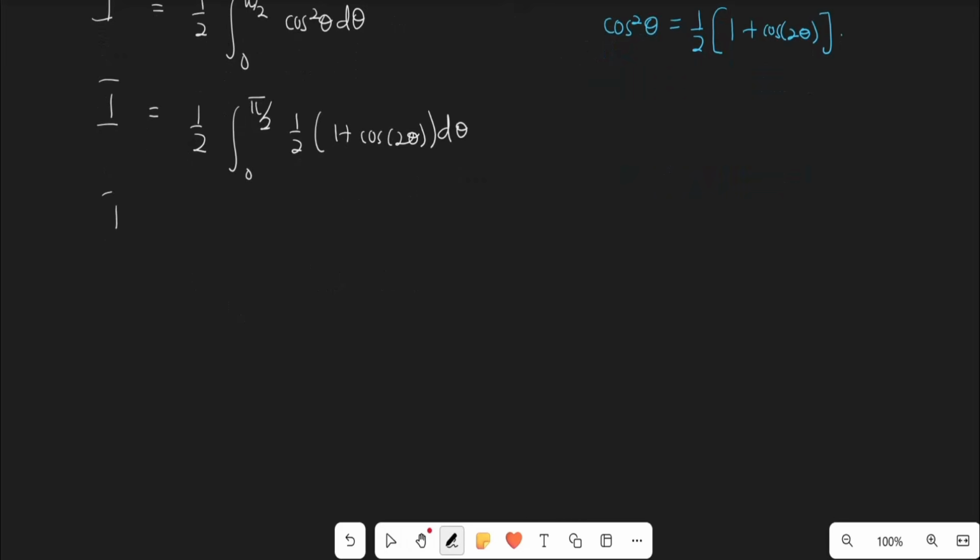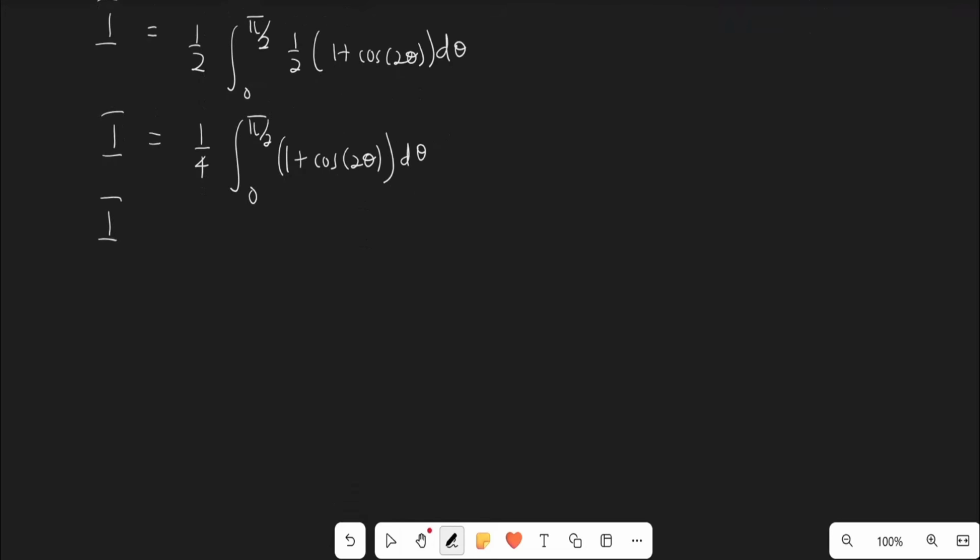So 1/2 is a constant. It comes in front and multiplies this 1/2. We have 1/4 the integral from 0 to pi over 2 of 1 plus the cosine of 2 theta, like this, and then d theta. Now shall we integrate? That is going to be 1/4, and then integrating 1 in the theta is theta, and then integrating cosine of 2 theta is 1/2 sine of 2 theta.